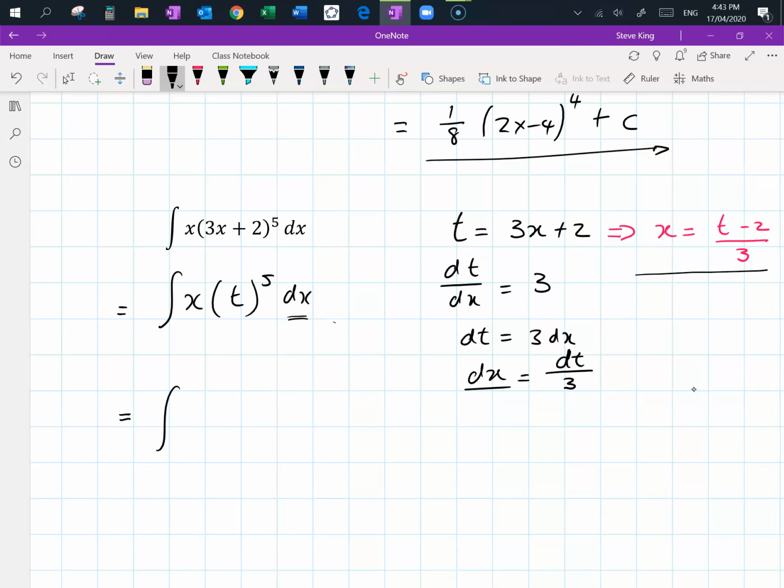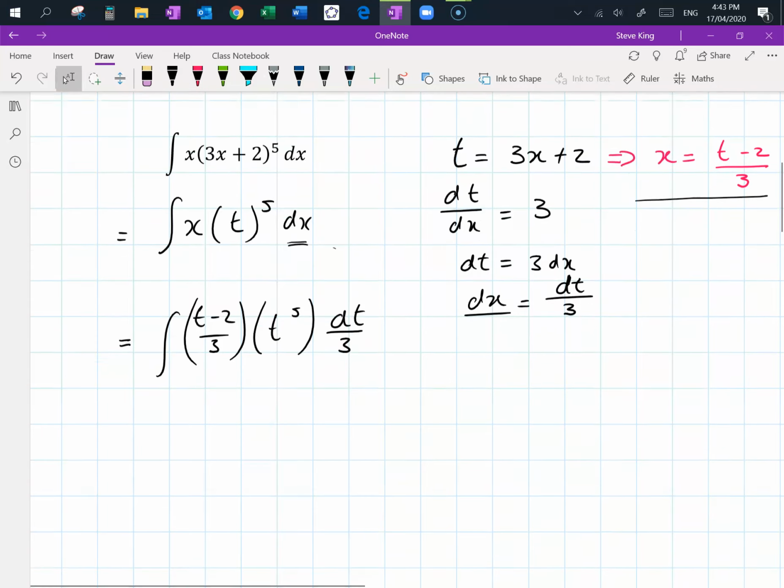So I can rewrite this integral. Instead of x, I'm going to write t minus 2 all over 3. And then I've got t to the power 5. And then instead of dx, I'm going to write dt over 3. Now I've got a lot of fractions in there.